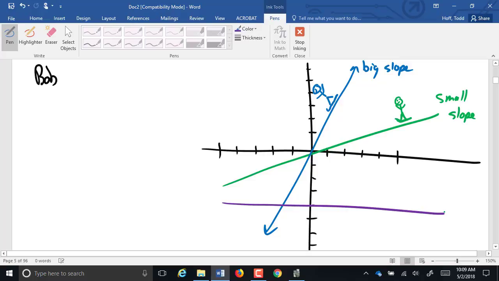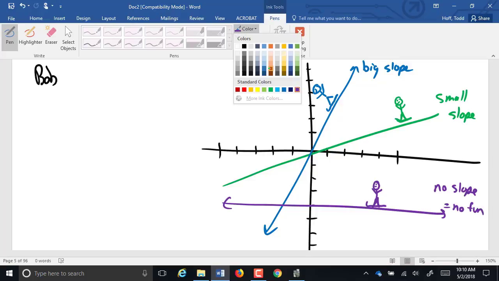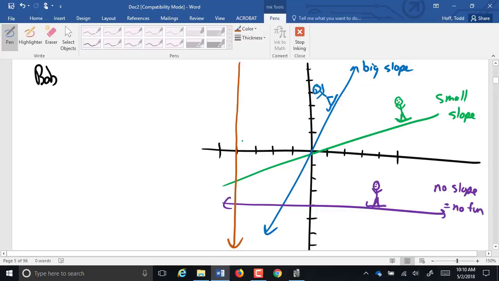If Bob skis on a hill like this, how much fun does he have? No slope equals no fun, right? And if Bob skis on a hill like this, he will no longer exist. Make sense? Okay. That's just my silly brain's way of remembering it.